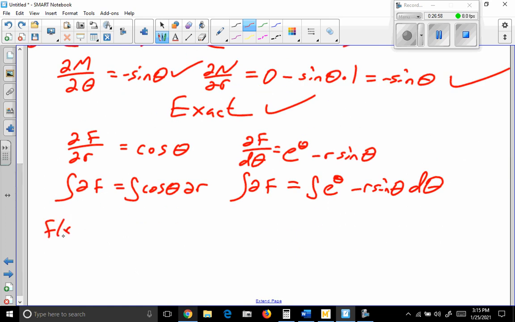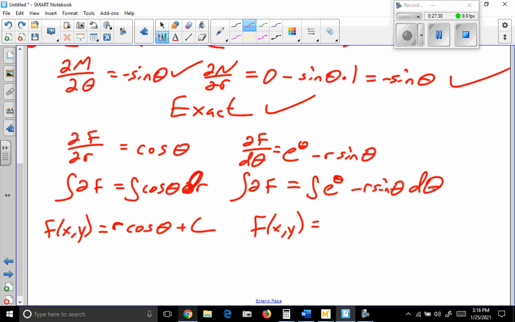So f as a function of x and y, when we integrate cosine theta, and let's put this as dr instead of partial of r, when we integrate that with respect to r, if r is our variable, we treat cosine as a constant. And if we integrate a constant, we pick up our variable. So there's a constant, pick up our variable, plus c. Then when we integrate here, we get f as a function of x, y.